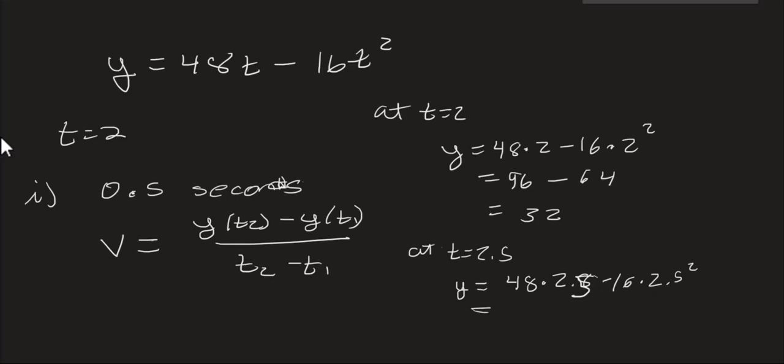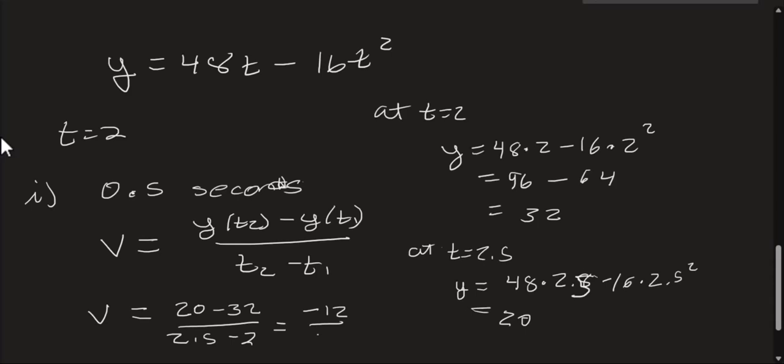And I get 20. So then my velocity will be 20 minus 32 over 2.5 minus 2, which is negative 12 over 0.5, which is negative 24. And then my units of distance were feet, and my units of time were seconds. So this would be negative 24 feet per second.